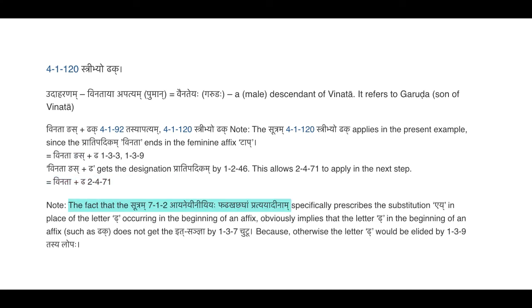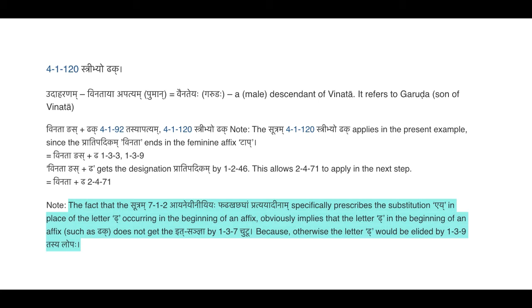But the fact that the sutram 7.1.2 ayaneyiniyaḥ phaḍhakhachaghām pratyayādīnām specifically prescribes the substitution aya in the place of the letter dha occurring at the beginning of an affix obviously implies that the letter dha at the beginning of an affix such as dhak does not get the itsanjna, because otherwise the letter dha would be elided by 1.3.9 tasya lopaha.